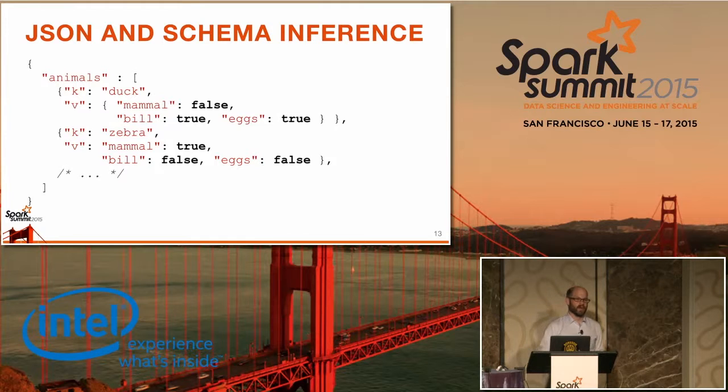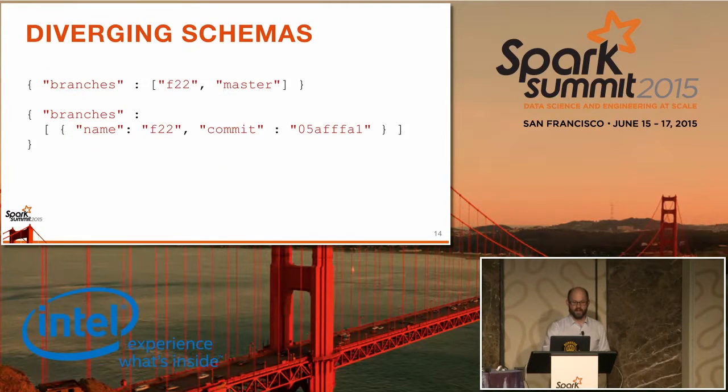The other problem we ran into with schema inference is when you have schemas that diverge, when Spark SQL can't give you a useful schema for data. The place we saw this is where we had objects that had the same field with different values. This is a simplified but real example from Fedmessage, where in Fedora, branches can refer either to a specific Fedora release, or they can refer to a Git branch in the package source code management.